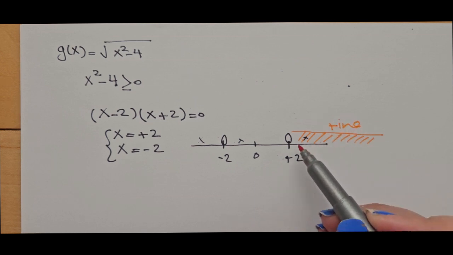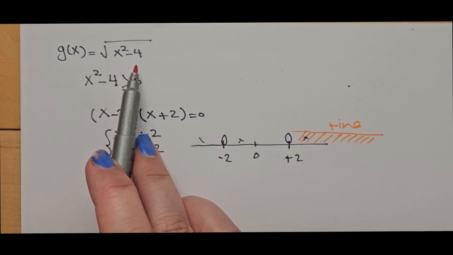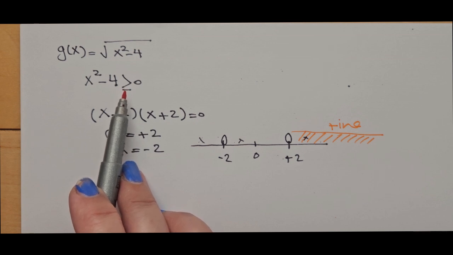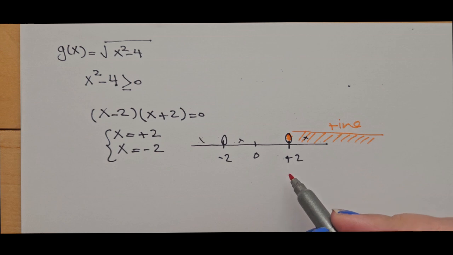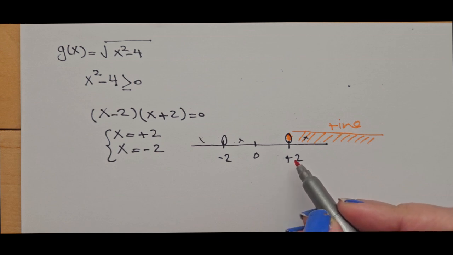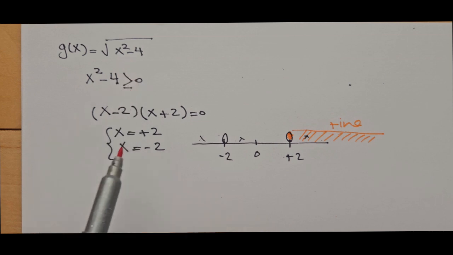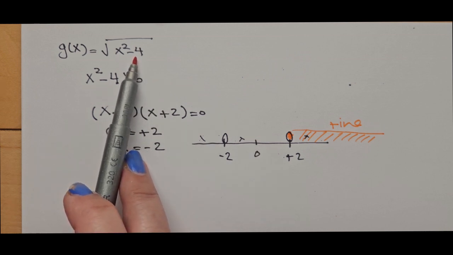And then it's acceptable because we are looking for whatever values make our square root argument either positive or greater than 0. So this circle, which is exactly at +2, is also included because exactly at 2 our expression is 0. But let's pick a number in this area from -2 to +2. Let's pick 0, and see if in this area our expression would be positive or negative.